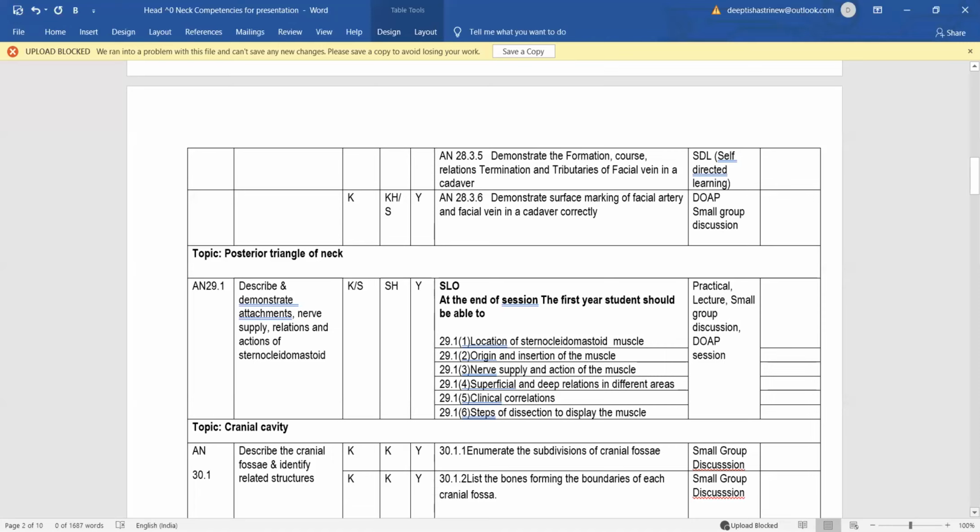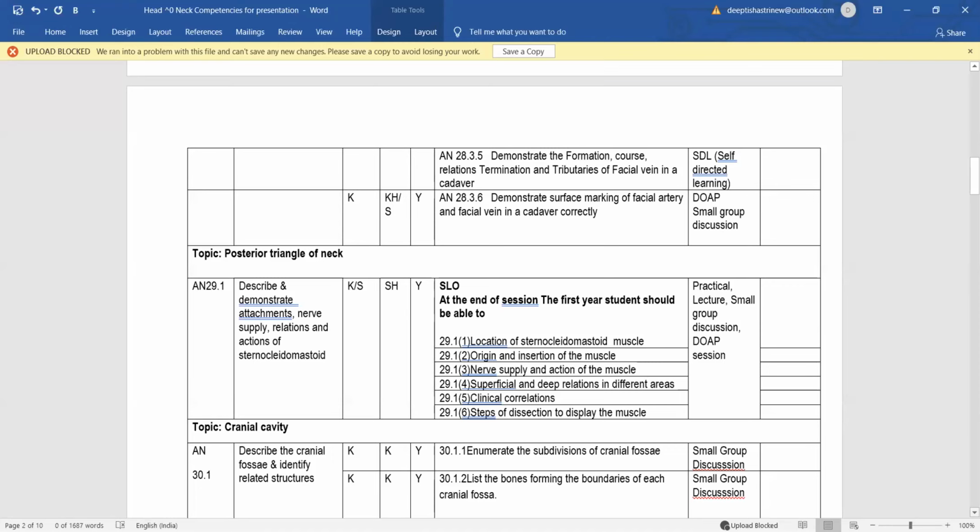Can I add one more point? Yes, please go on. The competency should have been divided into sub-competencies because the competency involves describe and demonstrate. So theoretical and practical sessions should be separated. As for the action verbs, for example, it says SLO: at the end of the session, the first year student. We are not using this terminology; we are using phase 1 MBBS student.